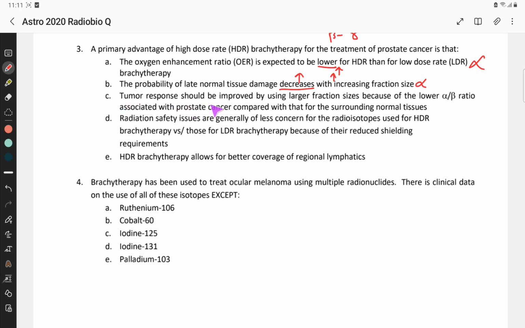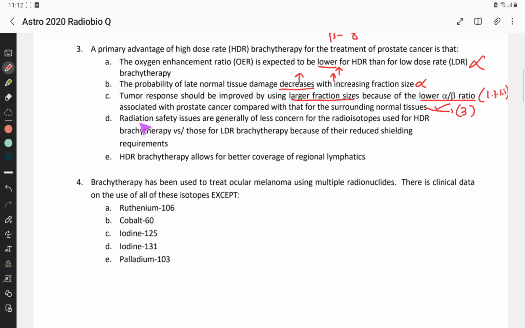Option C, tumor response should be improved by using larger fraction size because of the lower alpha over beta ratio associated with prostate cancer compared to that of the surrounding normal tissues. This is correct because alpha over beta is lower, about 1.3 to 1.5 for the prostate cells, and the normal tissues have around 3.